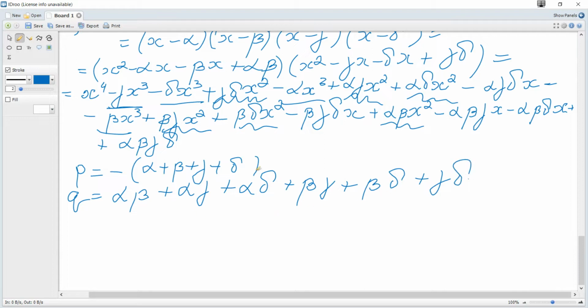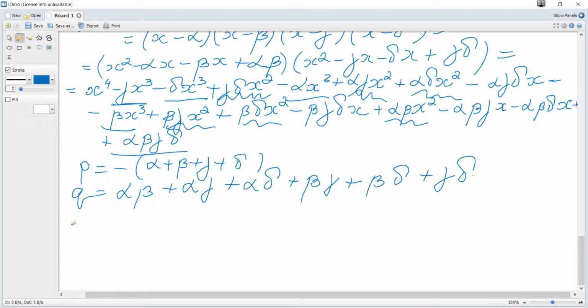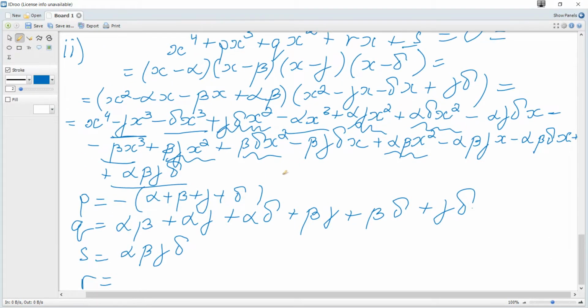Okay, and equating just the numbers, we can see that s is alpha beta gamma delta. And r is, to get r, equating coefficients in front of x.